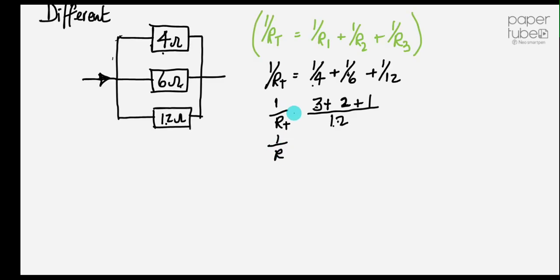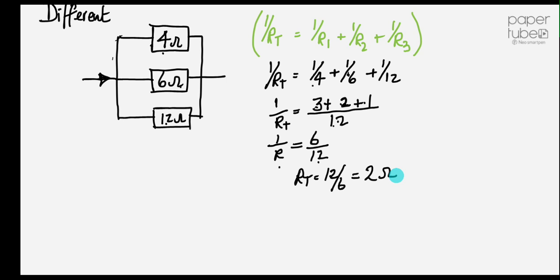Go to the next line. 3 and 2 is 5, and 1 is 6. 6/12. You could do that in the calculator if you don't know how to do that. Warning, warning, warning. RT is 12 over 6. Throw that side upside down, throw this side upside down. 12 over 6 is known more affectionately as 2 ohms.